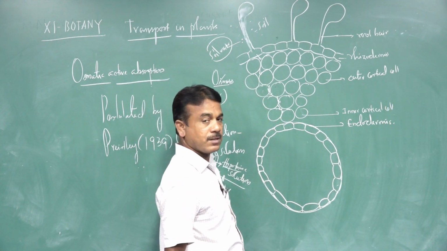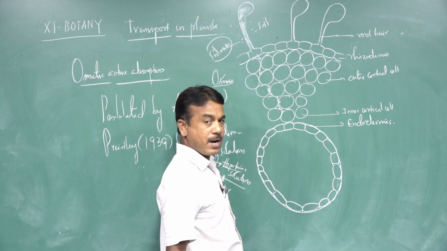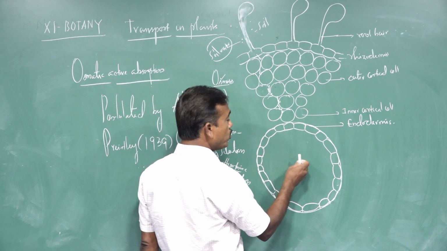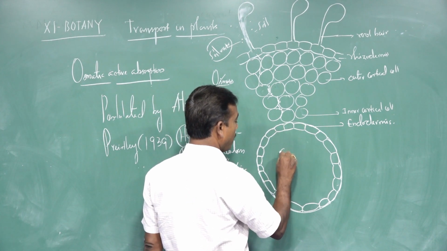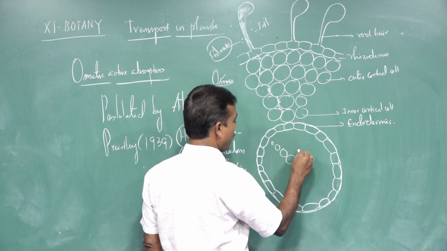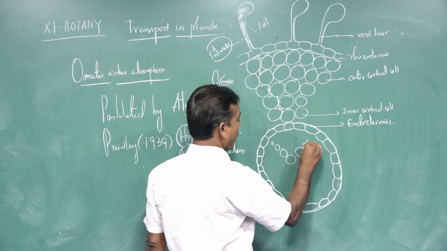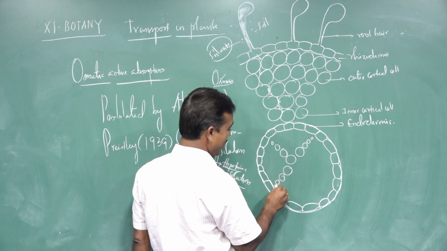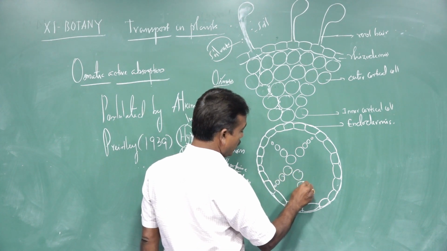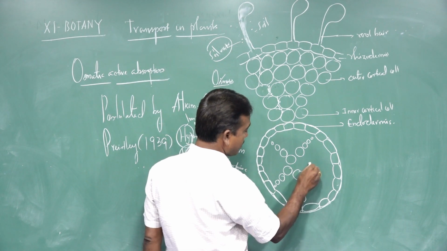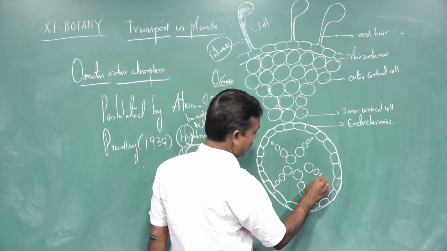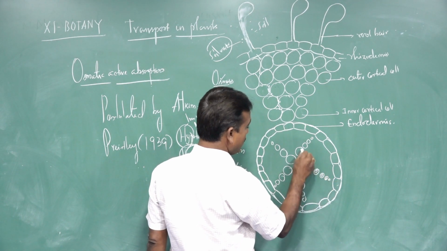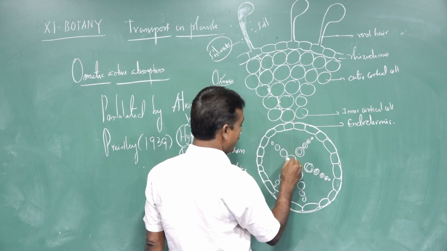The endodermal cells are usually barrel-shaped parenchyma cells. Here, opposite to the protoxylem, the endodermal cells are thin-walled. Why? Because of the absence of Casparian strips. The Casparian strips are present other than opposite the protoxylem.